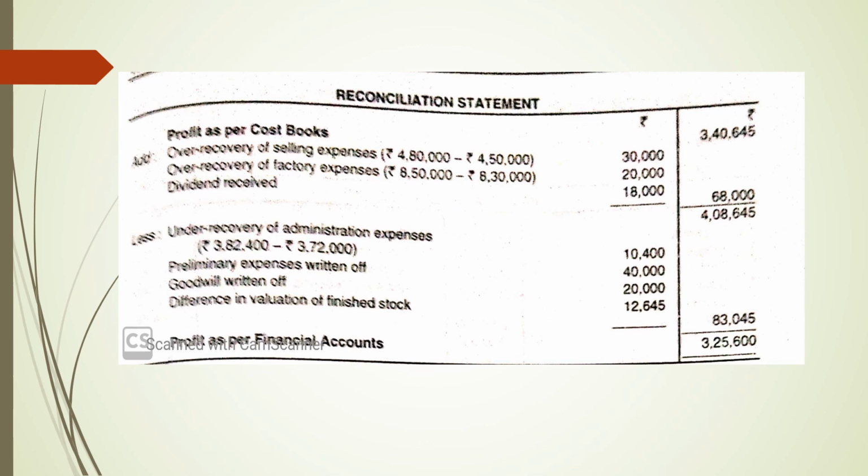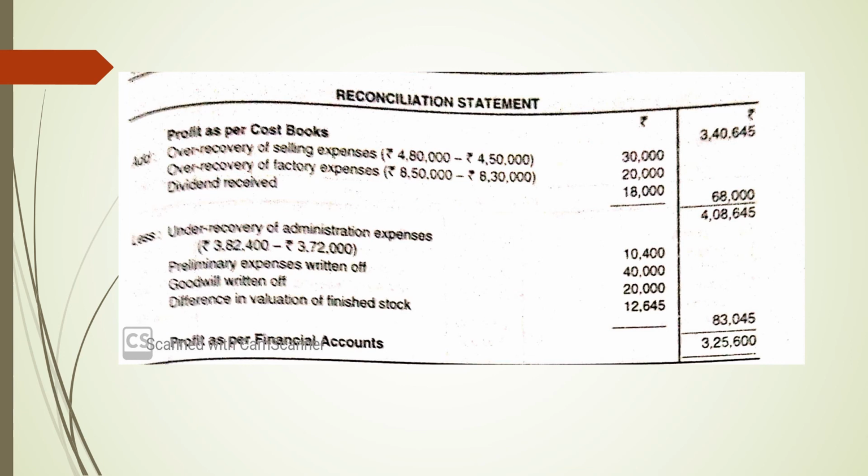In cost account we charge 3,72,000. Comparing these two amounts, there is an under recovery of administration expense in cost account. Take the difference of these two and deduct that amount from the cost profit.